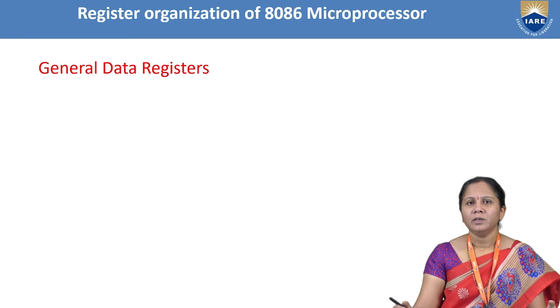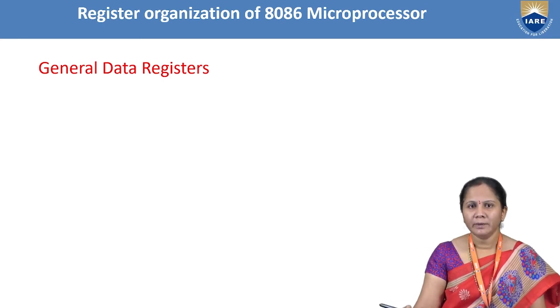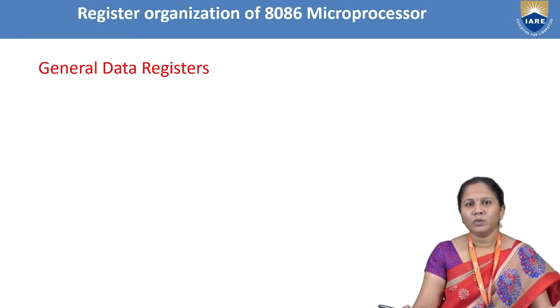Now, so here as we have studied, the 14 registers available in 8086 microprocessor has been divided into different categories like general data registers, segment registers, pointers registers and index registers. Now we will discuss in detail each classification.